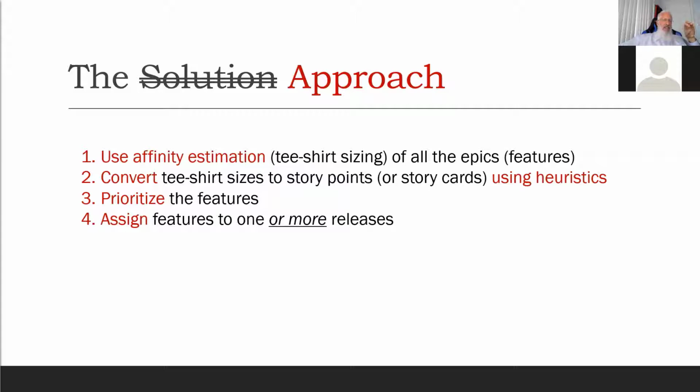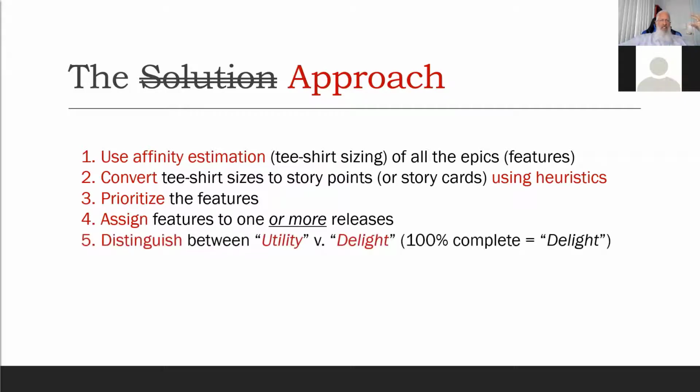But in this one, the features or the backbone items would be developed over multiple releases. In the small efforts that I was associated with, we basically built out a backbone item in a single release. But this one is a very large user story map. So these features or these backbone items were going to be delivered over multiple releases. So we had to do some assignment of that.